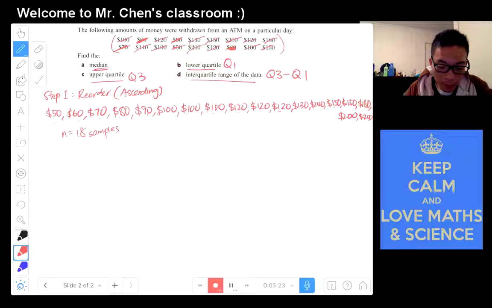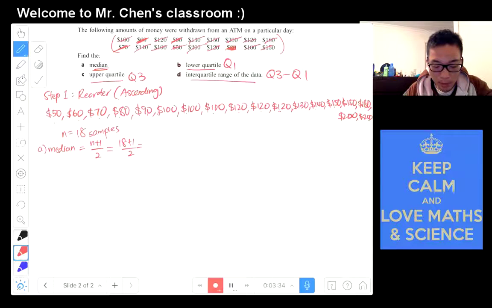So once we got that, first thing we want to do is A, which is your median. So your median is n plus 1 divided by 2, which is 18 plus 1 divided by 2, which is 19 divided by 2. If you use your calculator, it's 9.5 value.